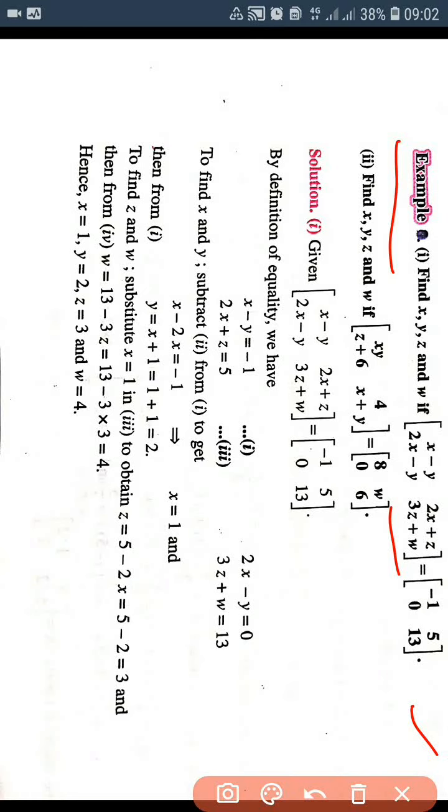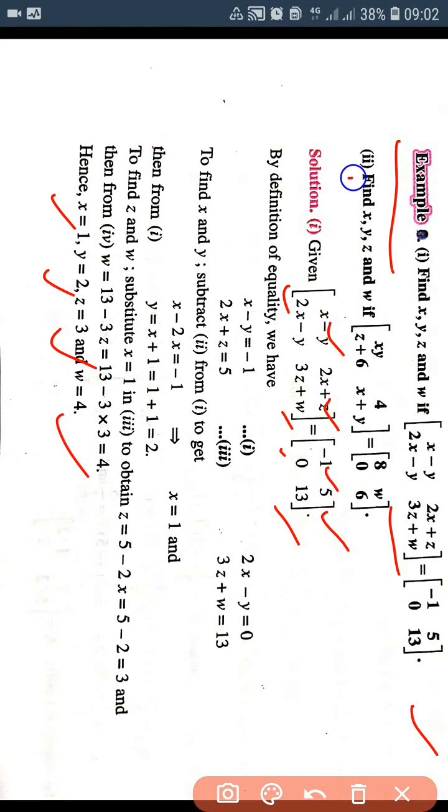So x minus y is equal to -1, 2x plus z is equal to 5, 2x minus y is equal to 0, and 3z plus w is equal to 13. By solving this, we can find x is equal to 1, y is equal to 2, z is equal to 3 and w is equal to 4.